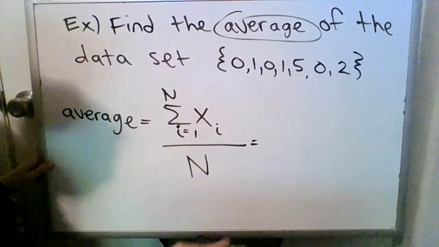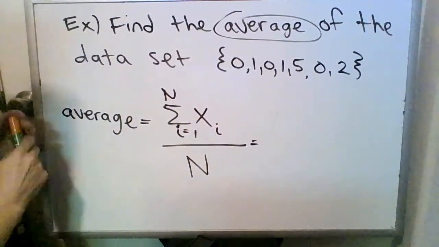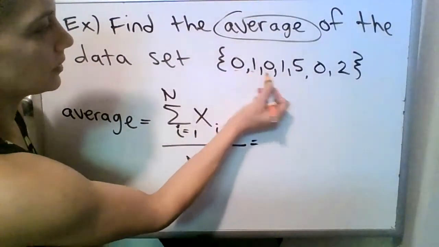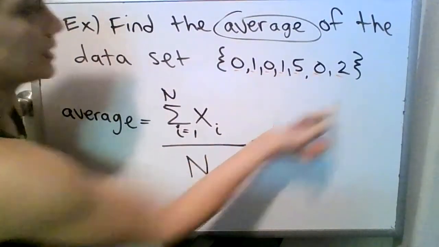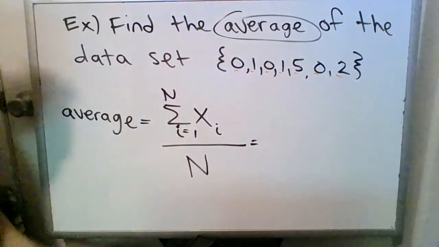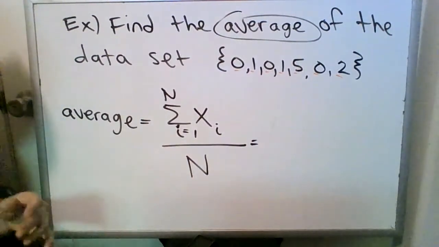How many do we have? This is 1, 2, 3, 4, 5, 6, 7 elements total. So capital N equals 7.